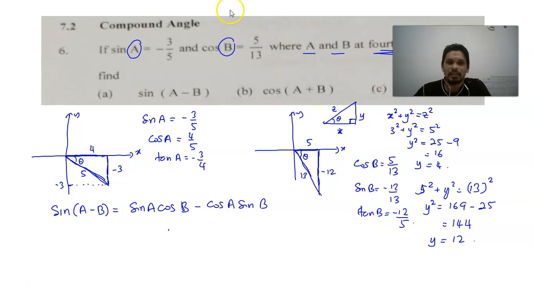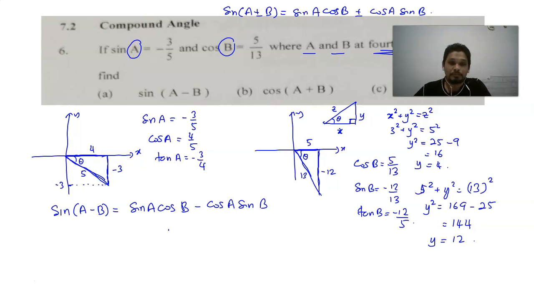For example, sine of A plus or minus B equal to sine A cos B plus or minus cos A sine B.